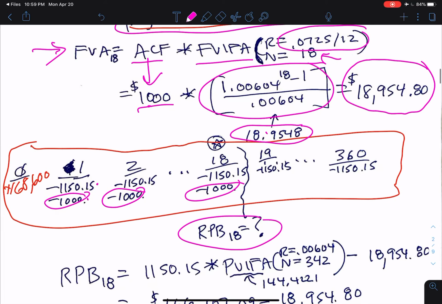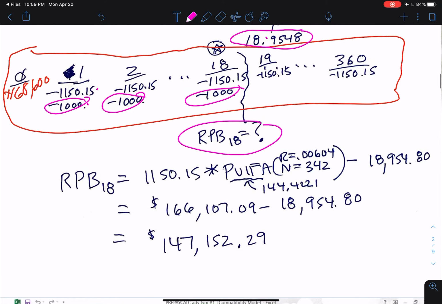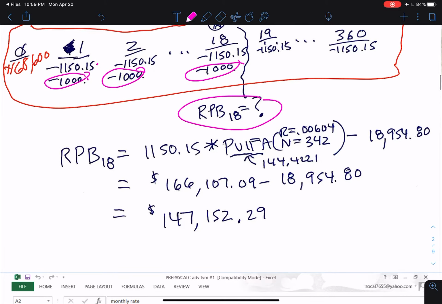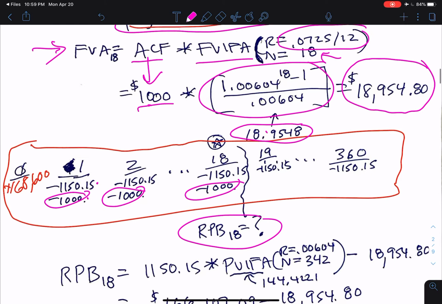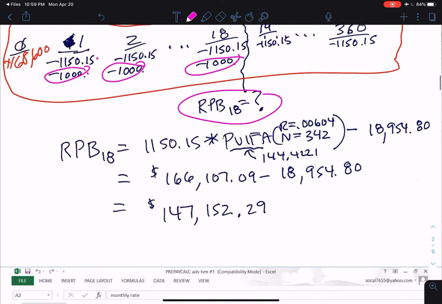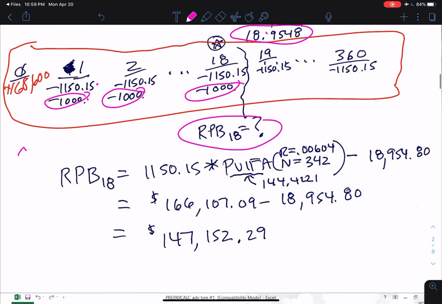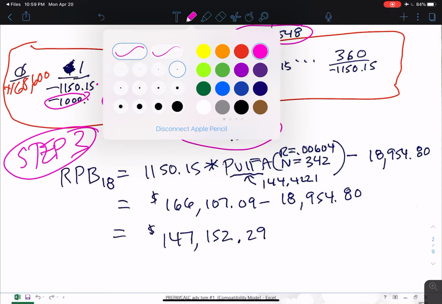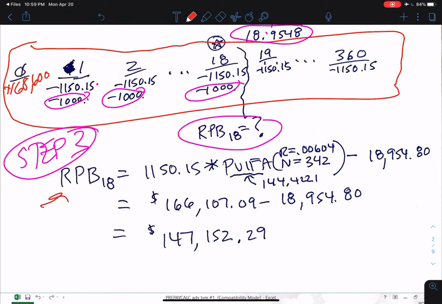Okay, and so now let's take into account step 3. Step 3 is calculating the remaining principal balance at date 18. So here we're going to do it.